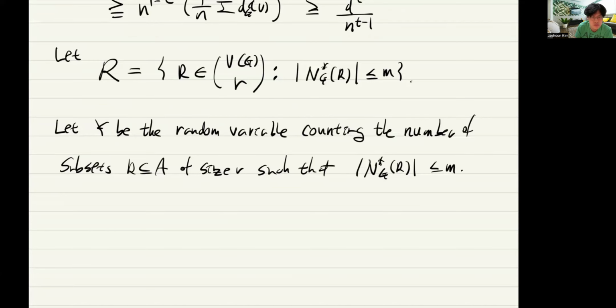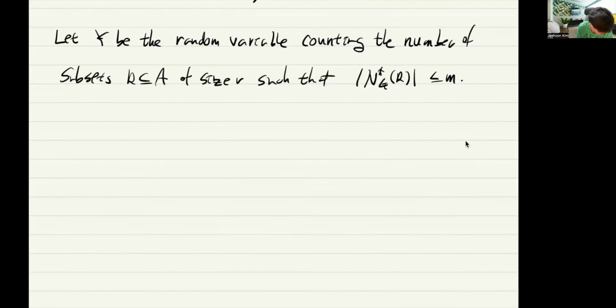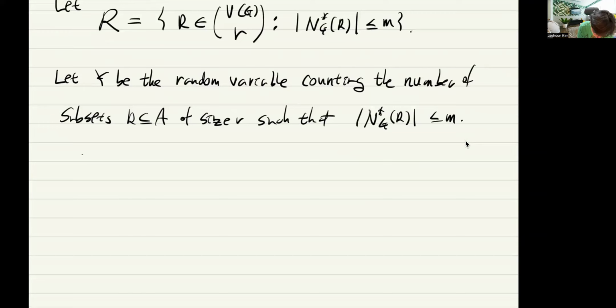Then this counts the number of r subsets of A which are bad, and we want to make sure that there are no such things. For that, we compute the expectation.